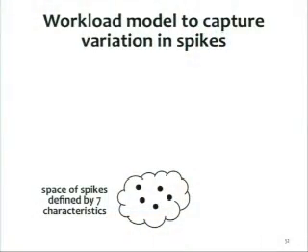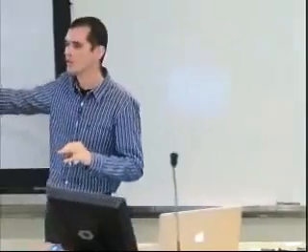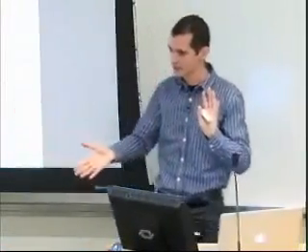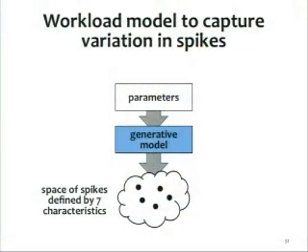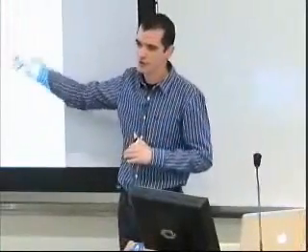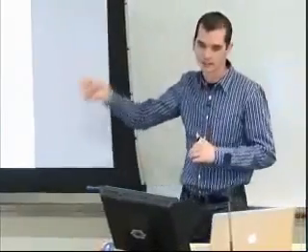And that was the goal of the second part of this project, where we wanted to design a workload model to synthesize new spikes. You can think of this as there's this space of spikes defined by the 7 characteristics. So it's a 7-dimensional space, and we saw 5 examples of spikes in here. What we want to do is create a generative model that has a few parameters that control the characteristics of the spikes that you synthesize.